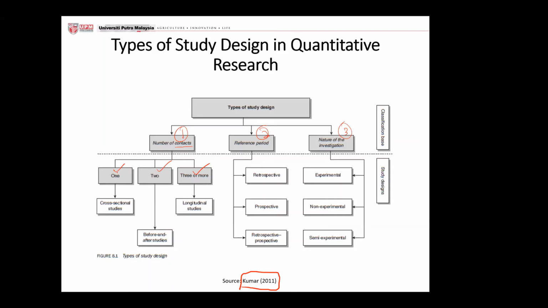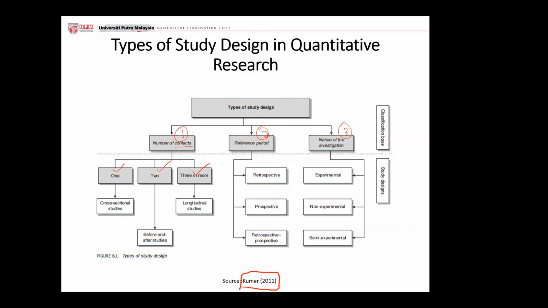Hope that is clear. This is not number of people, not mobile numbers of your friends. It's in the form of how many times you engage with the sample or with the population.